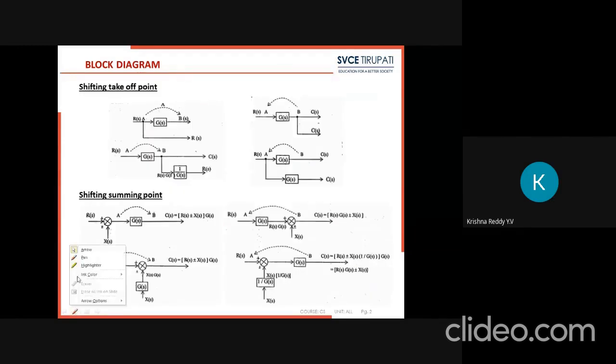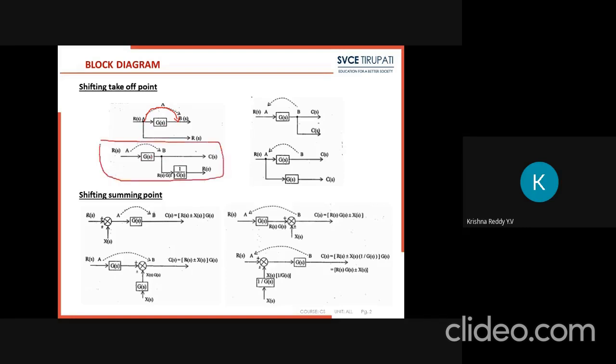One more technique in order to reduce the block diagram. In case of a block diagram, when you are shifting the takeoff point from the back side of the block to the front of the block, we get a simplified calculation like this.